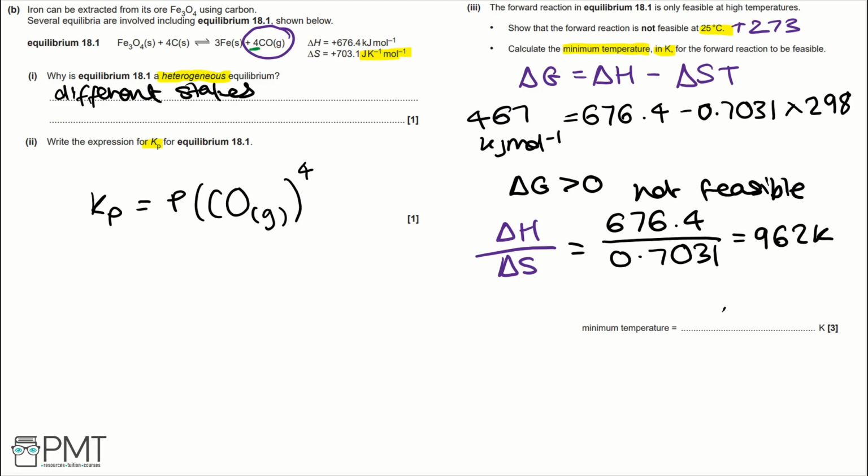So that's what we would write on our answer line. To get the 3 marks for this question, you need to correctly calculate delta G, so 467. You need to state that it's not feasible because delta G is bigger than 0. And then you need to calculate the minimum temperature correctly and write 962 on the answer line.